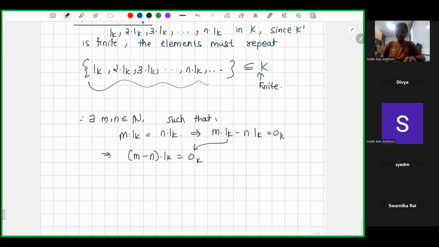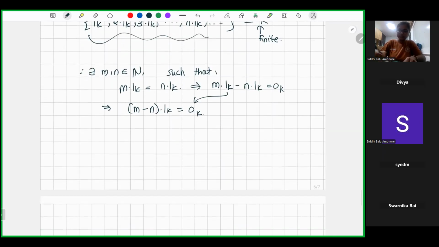We can also take this such that m is not equal to n, and we can assume that m is greater than n. So since m minus n is greater than 0, such a positive integer exists.